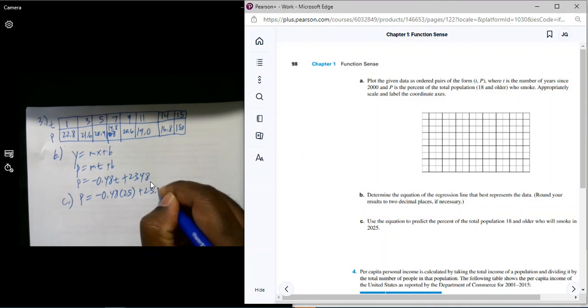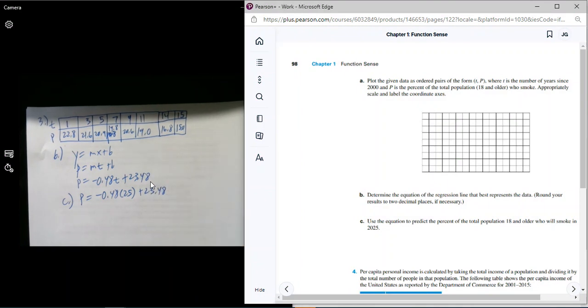And we can add 23.48. And then when we do our multiplication and our addition, our P would be 11.48.